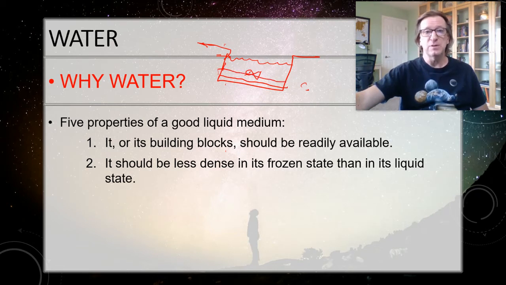Well, the remaining liquid is still exposed to the cold, and so on, and so on, and so on, until the entire lake is frozen from top to bottom, and our fishies are no longer happy. So if the liquid is more dense frozen than it is liquid, that's basically going to kill off all the life form. Eventually, at some point, you're going to have a cold snap where things are going to get wiped out. So it's going to be very, very fragile.